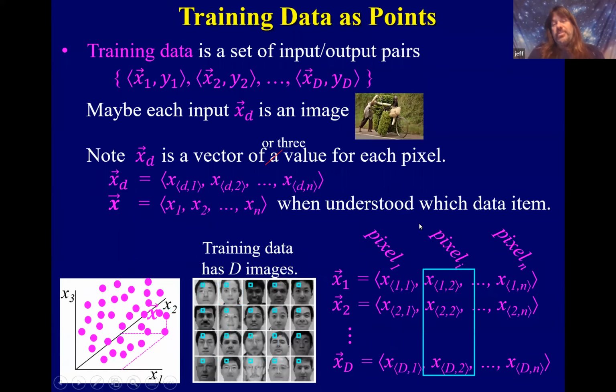And what does a column do? Each column corresponds to a particular pixel, and it tells you how bright that pixel is in each of the images. So that's just the rows and columns of this matrix. And so now there's matrix multiplication. As soon as you have a matrix, you want to do matrix multiplication.